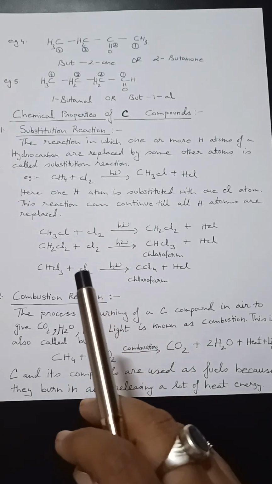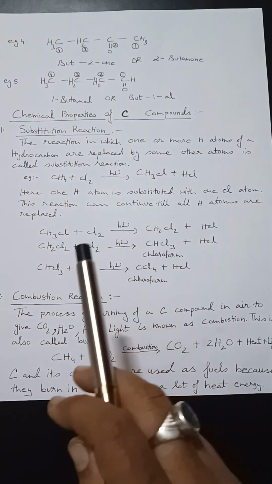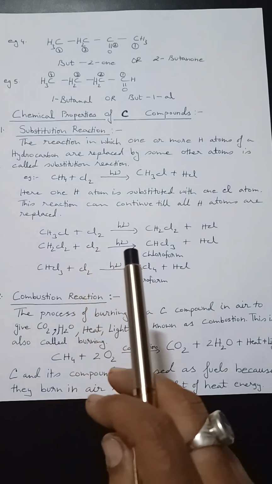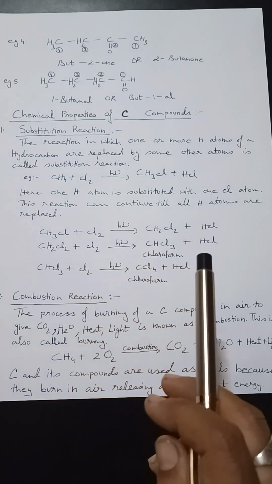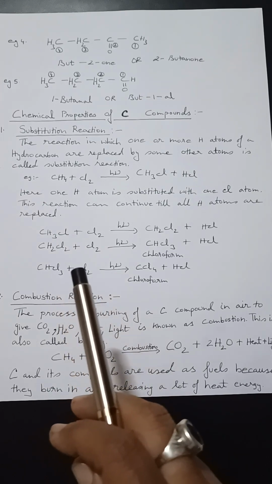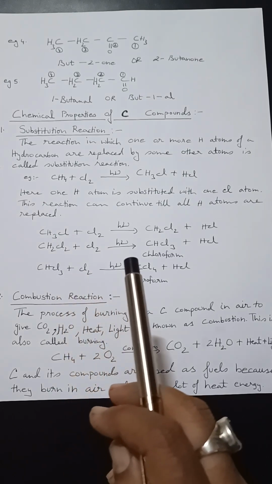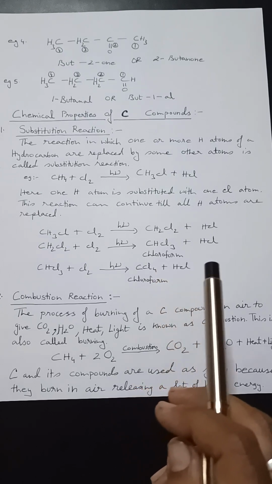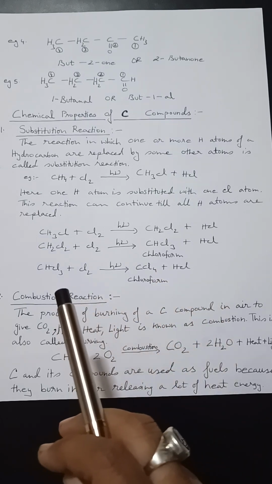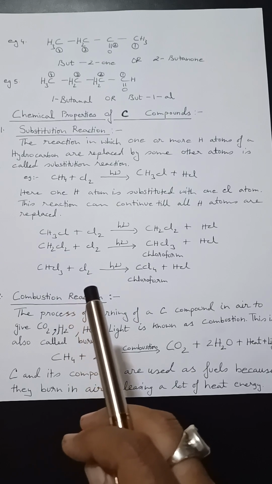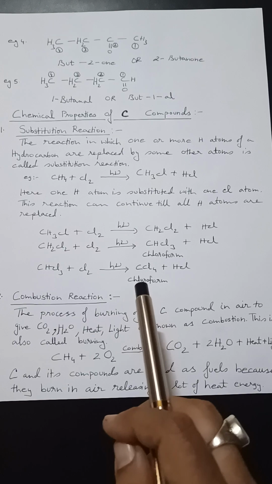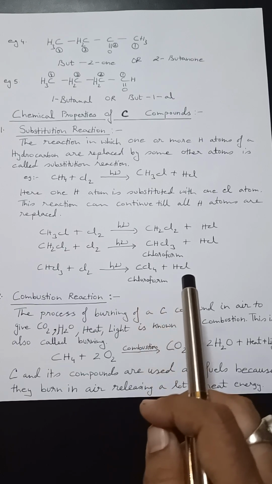The product so formed, CH3Cl, can be continued here: when we add Cl2 in presence of sunlight, it forms CH2Cl2 plus HCl. This CH2Cl2 when further treated with Cl2 in presence of sunlight forms CHCl3, which is called chloroform, plus HCl. CHCl3 further when treated with chlorine in presence of sunlight forms CCl4 plus HCl.